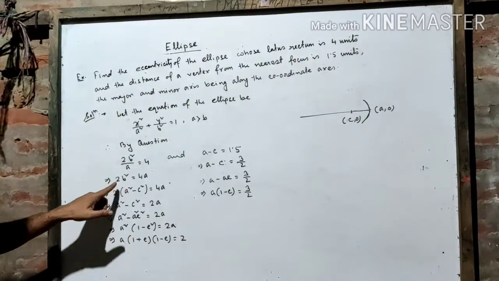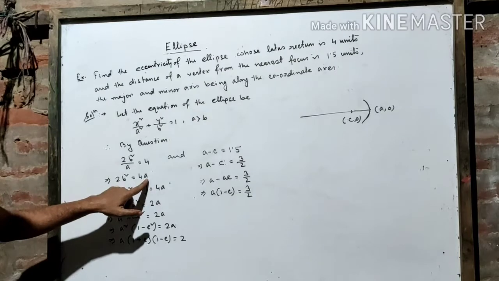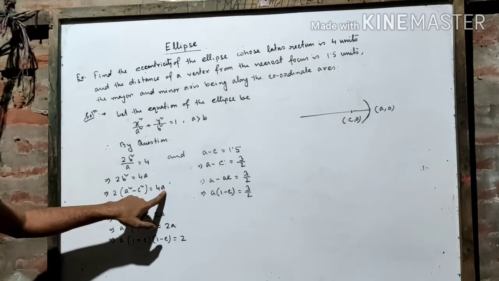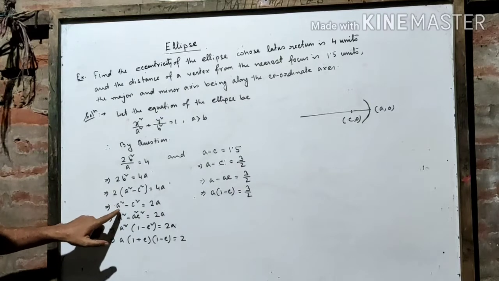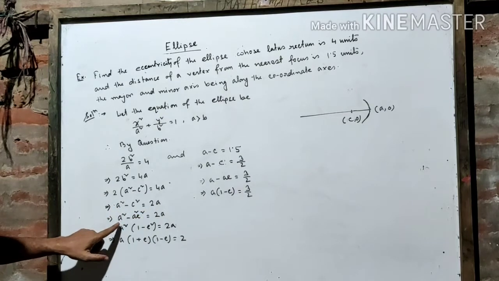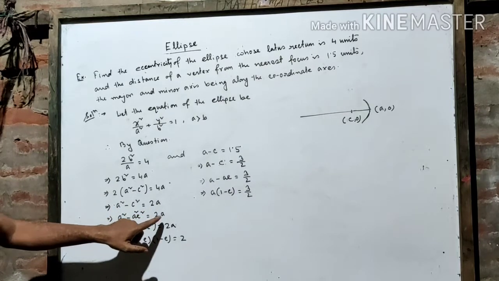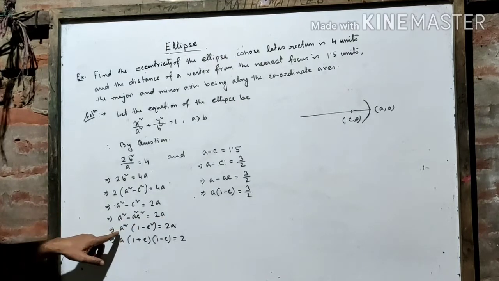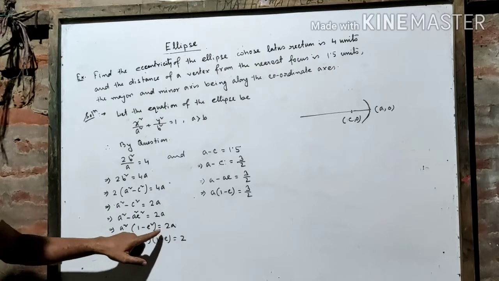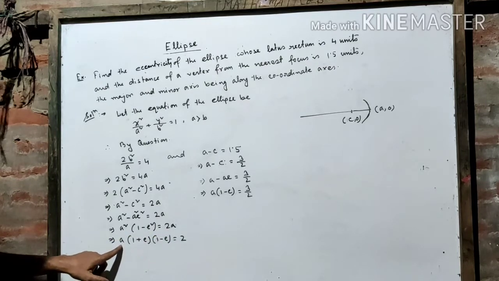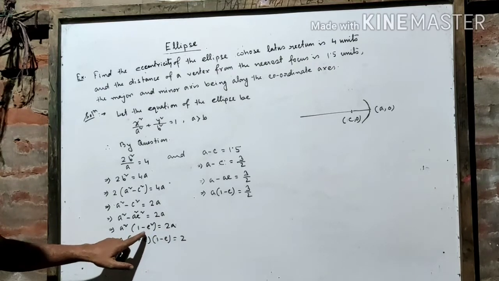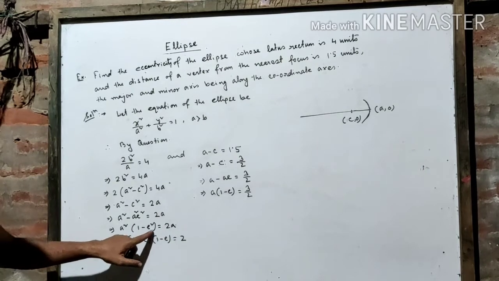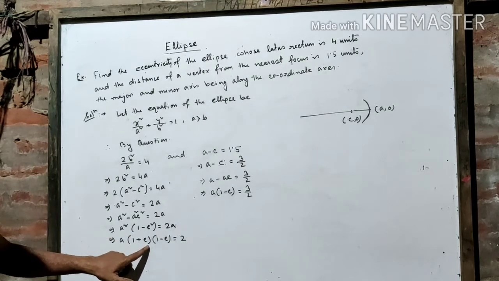On simplifying, 2b square is equal to 4a. 2 into b square means 2 into a square minus c square is equal to 4a. So a square minus c square is equal to twice a. So a square minus a square e square is equal to twice a, because c is equal to ae. Taking a square common, a square into 1 minus e square is equal to twice a. This implies a into 1 minus e square, a cancelled. 1 minus e square can be written as 1 plus e into 1 minus e is equal to 2.